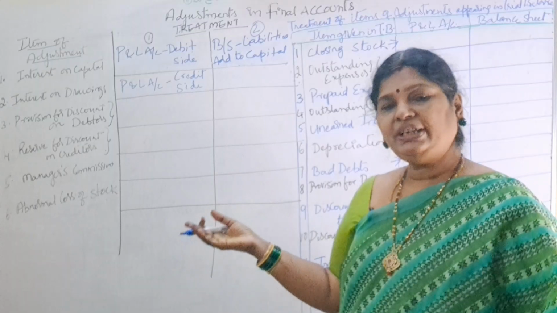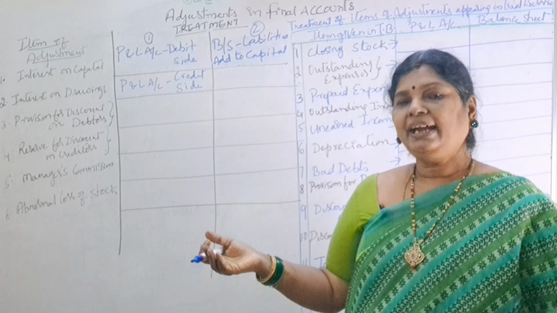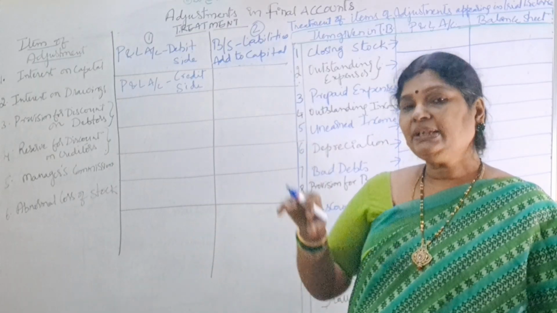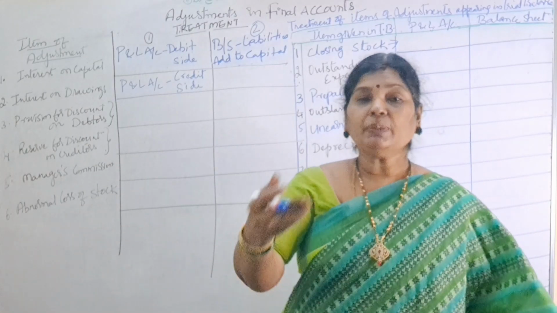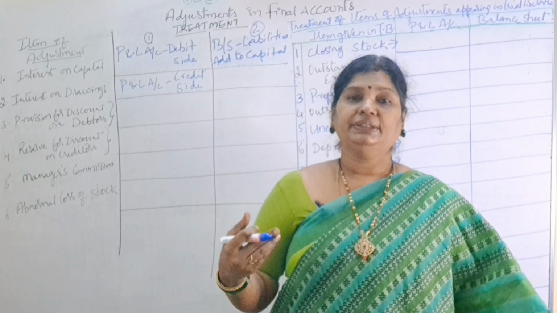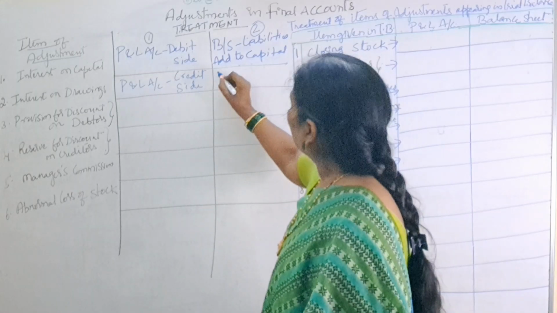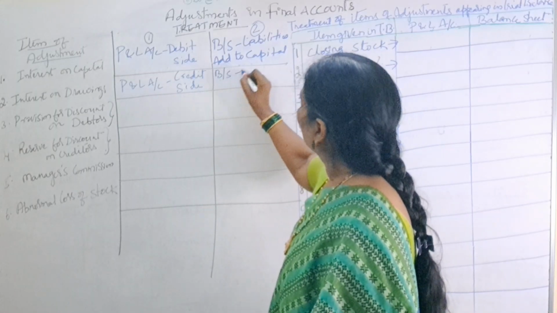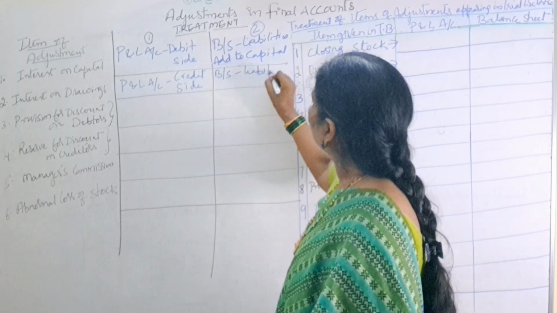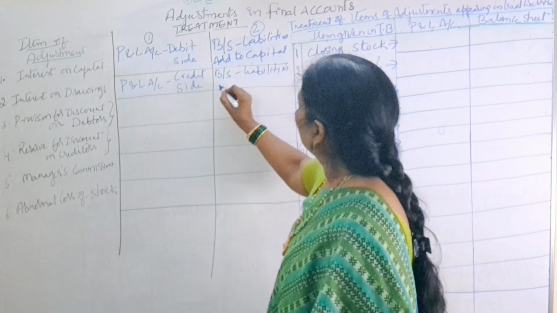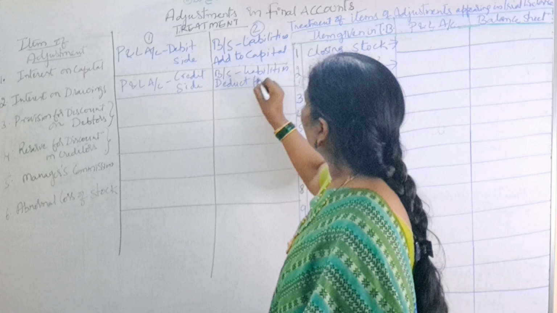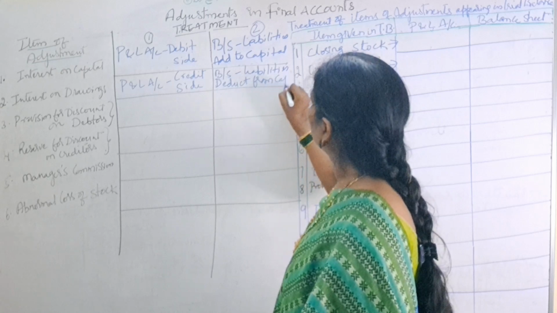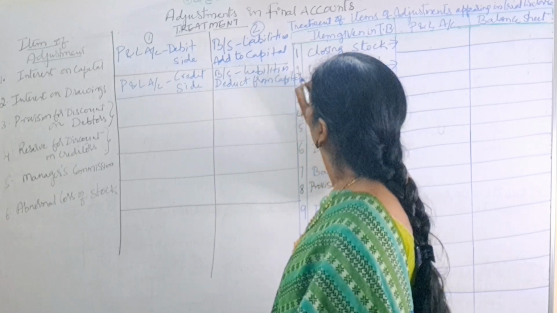Again, go to balance sheet, go to the liability side, and what's the first item we are writing? Capital, because we are charging interest from the proprietor. So we have to deduct. So, balance sheet, liability side, deduct from capital.